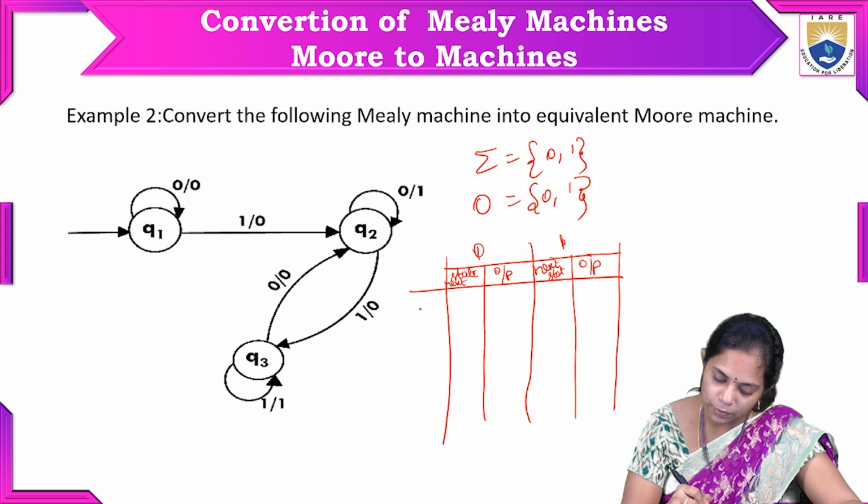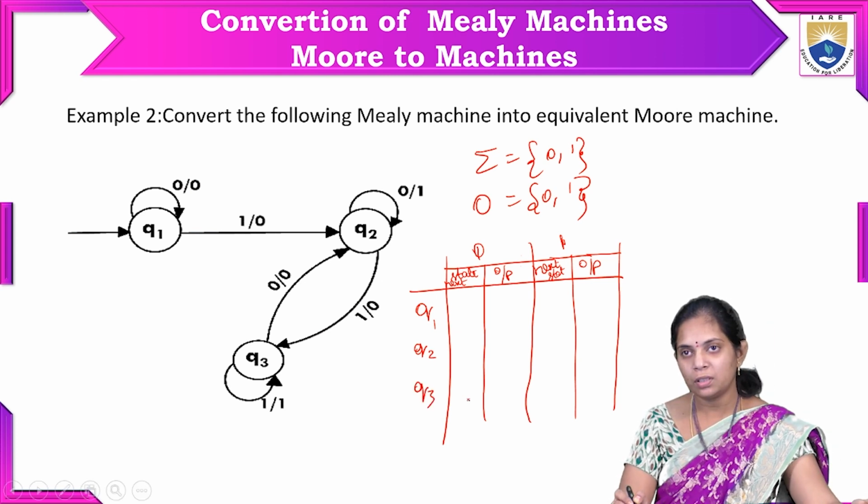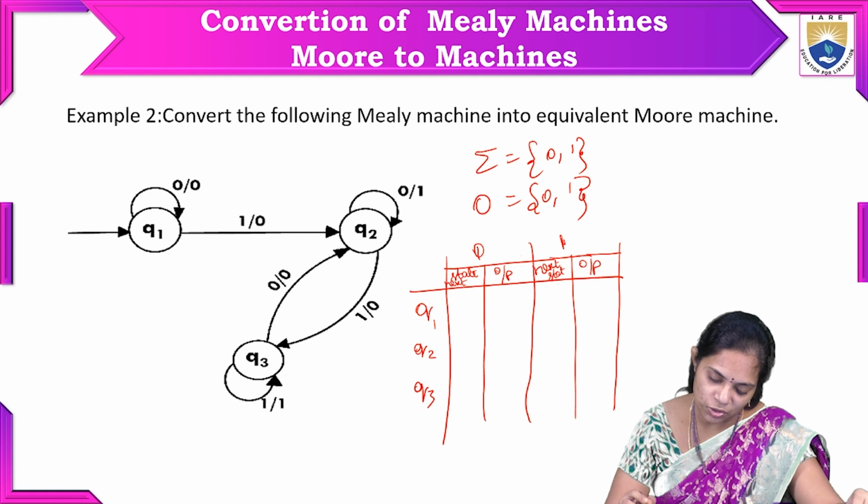And here how many states we have? So Q1, Q2 and Q3. So here we have 3 states. Let's check with 3 states.